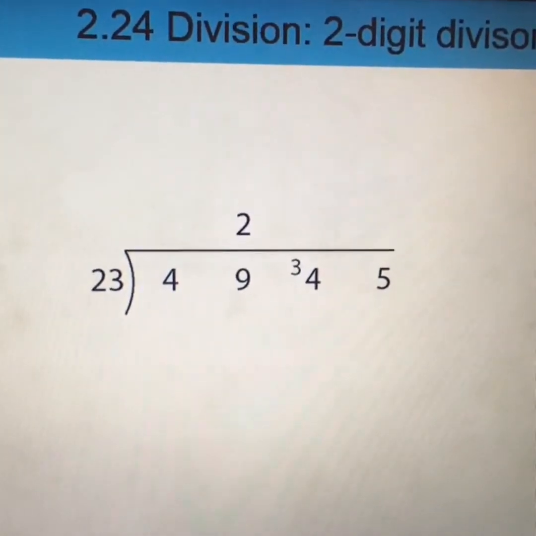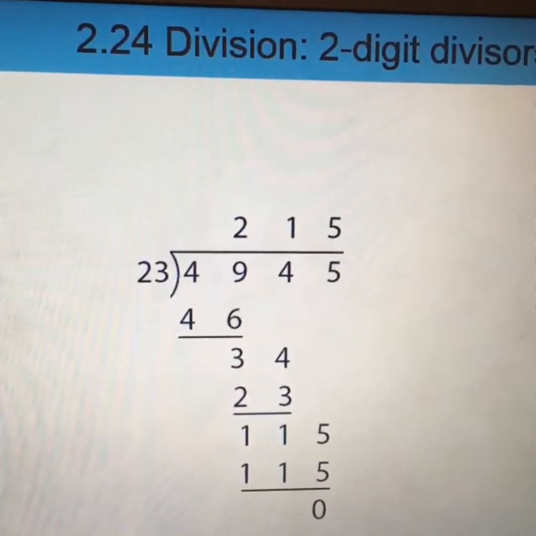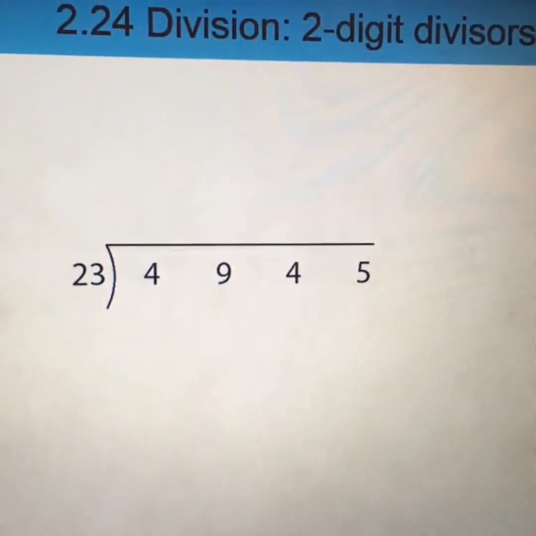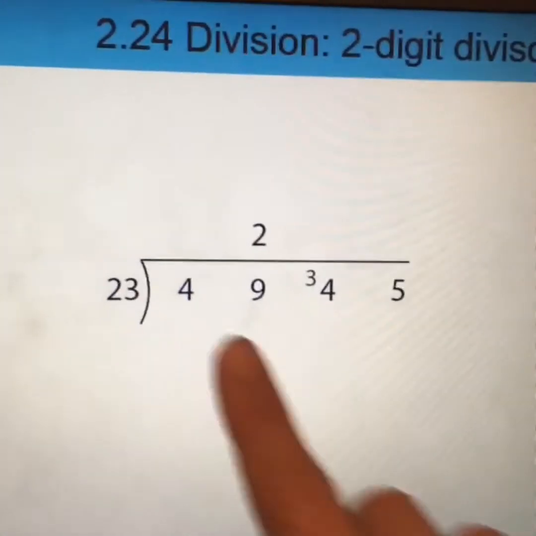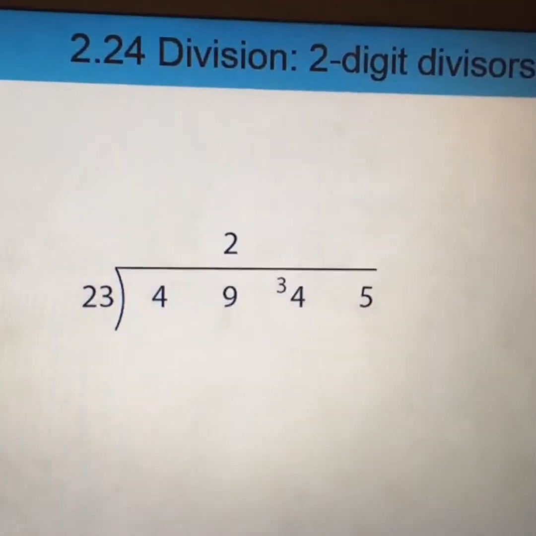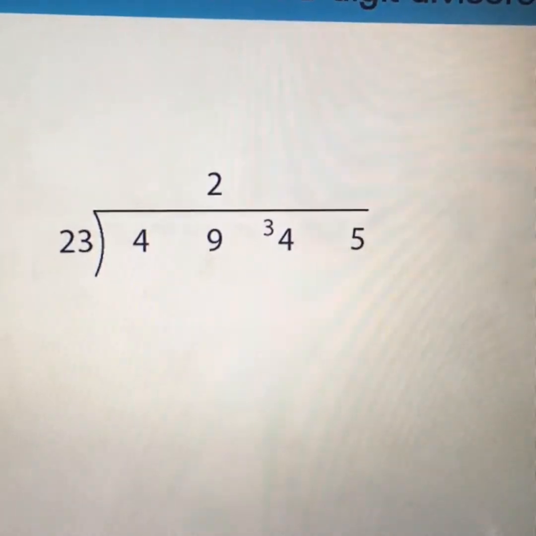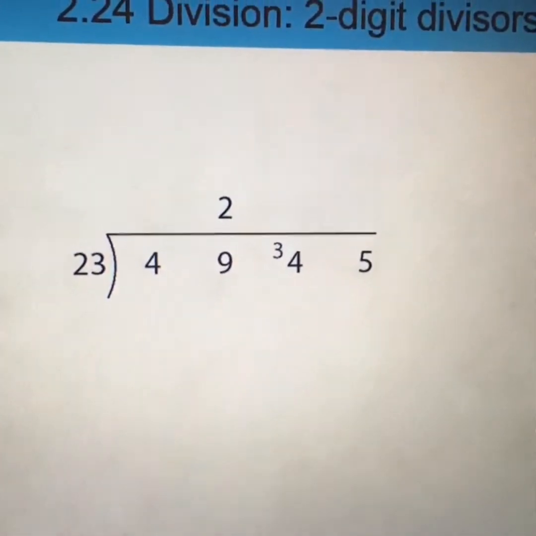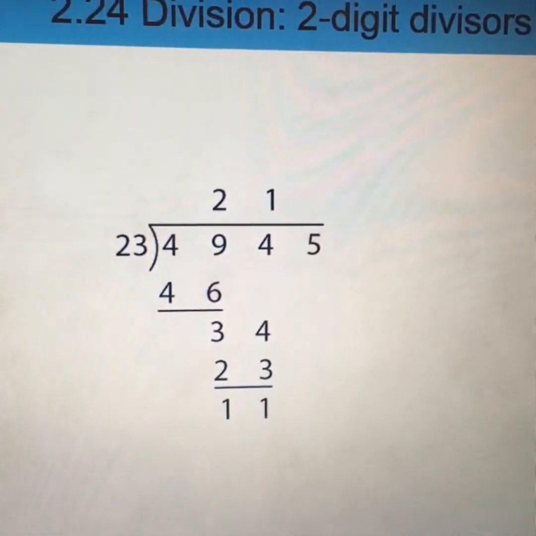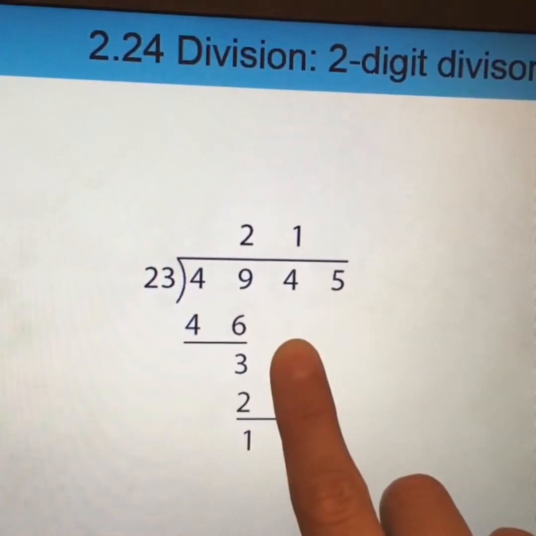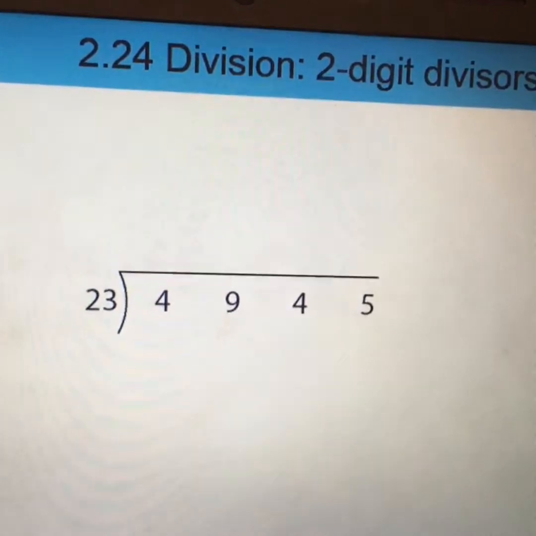This is the short division way of doing it. So hopefully you can see the similarities. So we can't divide 4 by 23, so we rename. Oops, so that should be a 4 there. So make 49 divided by 23. Left over would be 3. As you can see here, look, there's the 300s left over, renamed.